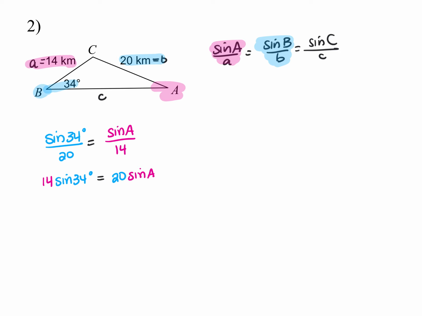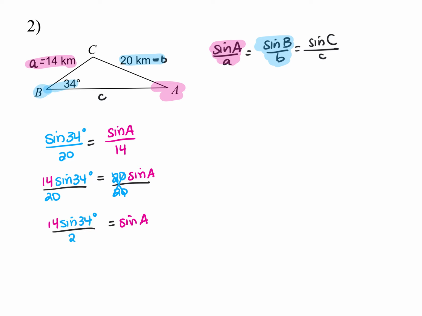Now this is interesting because I'm trying to solve for the angle A. So there's two steps to this. The first thing is I'm going to have to divide both sides by 20. That's going to give me just the sine of A is equal to 14 times the sine of 34 over 20.